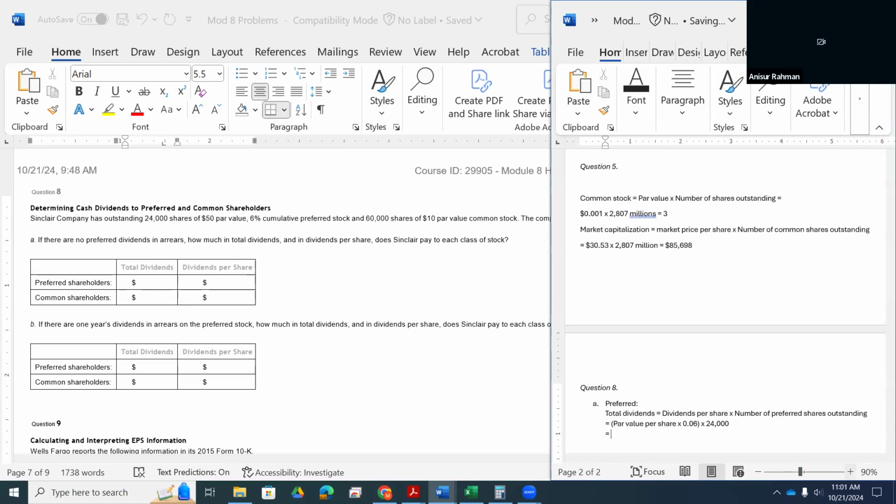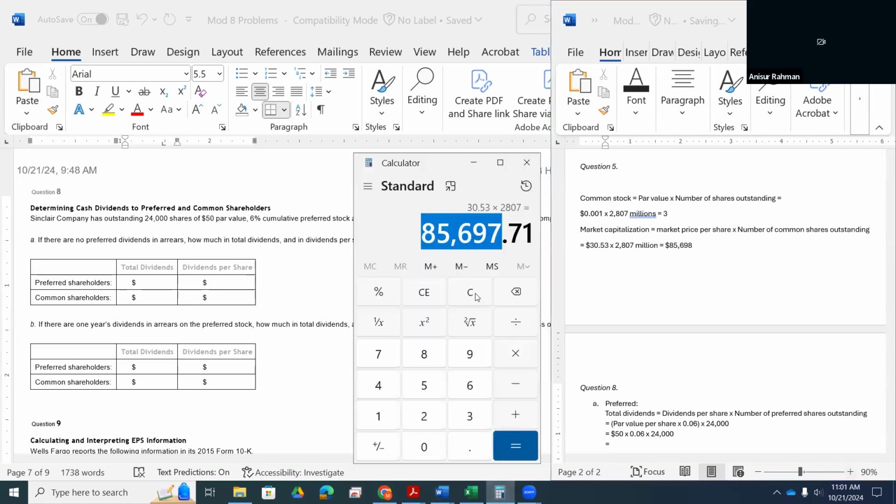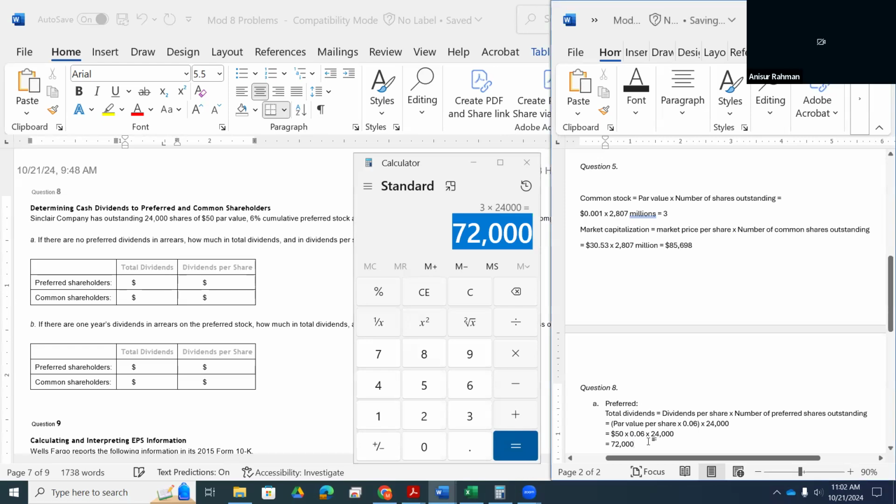So our par value is, it tells us $50. That gives $72,000.